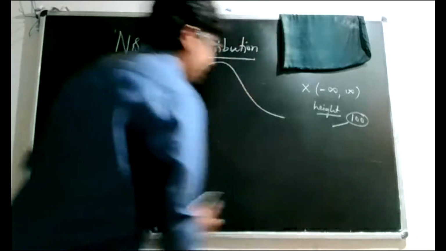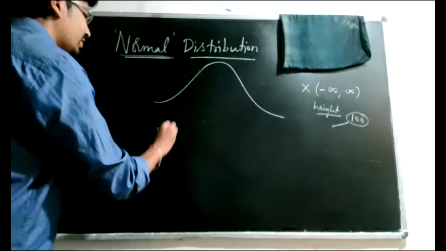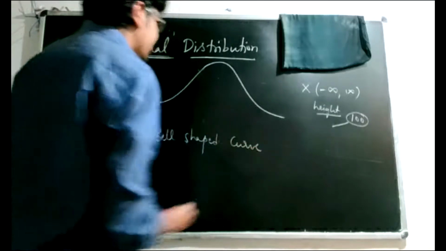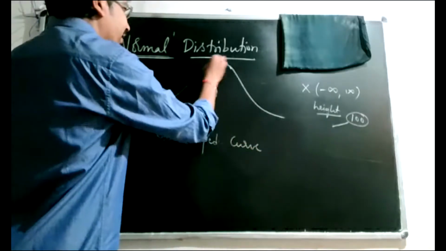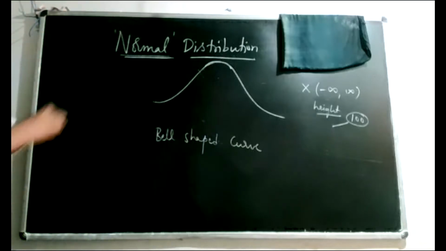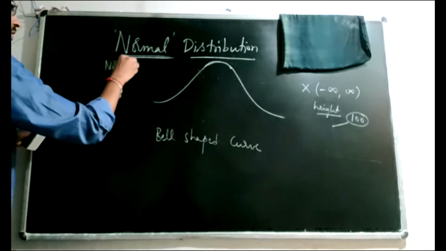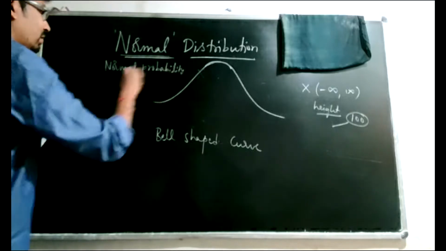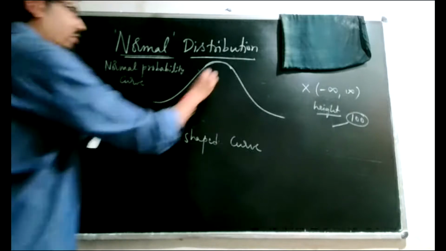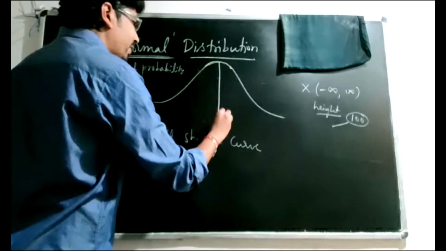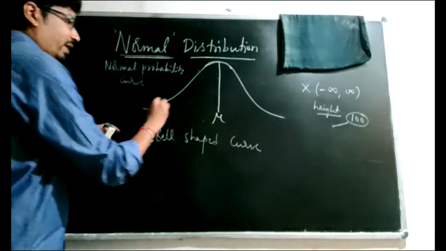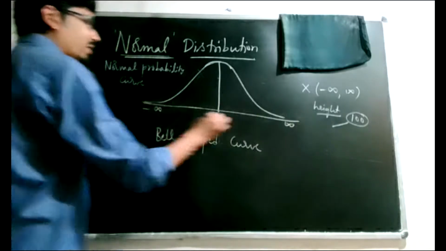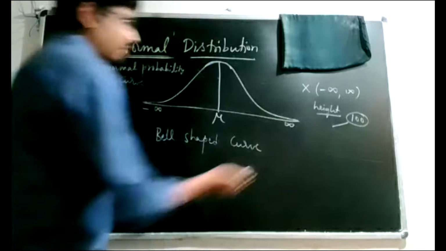frequently or commonly called the bell curve or bell-shaped curve, because the shape matches very much with that of a bell, and this is called the normal probability curve or the curve of the normal distribution, normal density curve, etc. So when I say I'm talking about an x which is normal, the middle value will be mu, and I could have x taking anything from -infinity to infinity, and your curve doesn't go to the negative part of x.